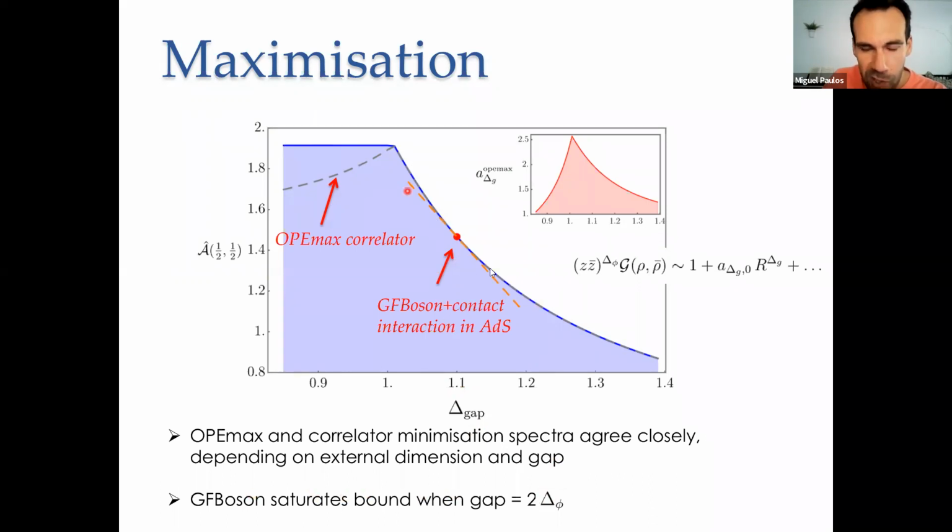And in fact, you can even look at deformations of the generalized free boson. These are parameterized by lambda phi fourth in AdS, basically, and our bound is saturated even perturbatively around the generalized free boson. So it would be interesting to explore this a bit further, but that's a different story.